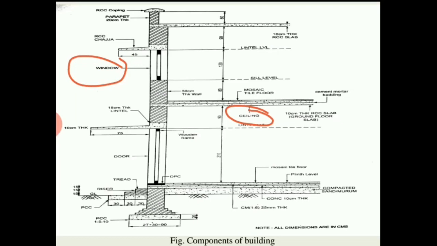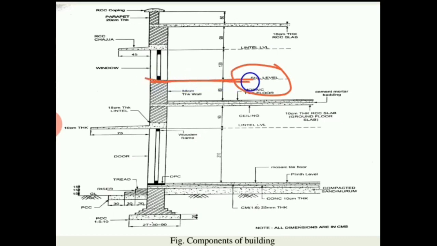The height of a window is normally provided as 120 centimeter. And this is the sill level. It is the part of the wall that is just below the window.